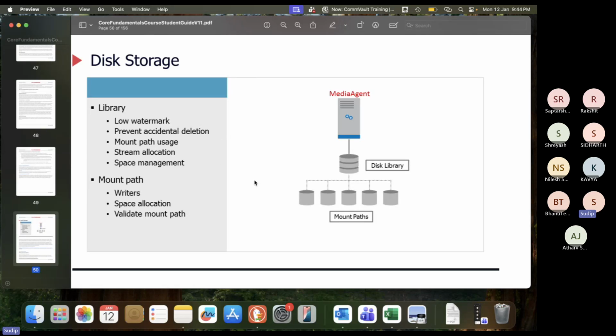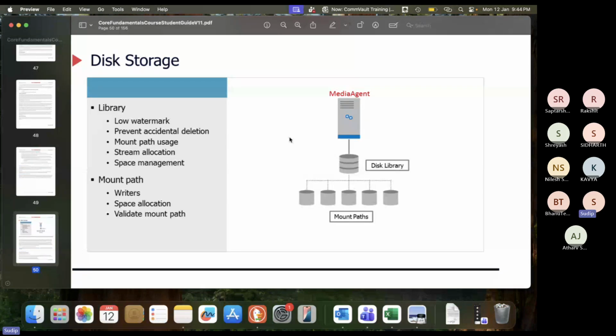You need to know if a disk is empty or full, so you can place watermarks, just like in Zabbix, where you put a low watermark and a high watermark and set triggers on them. Very similarly, whenever the media agent sees the capacity hitting a particular watermark, it will throw up alerts.